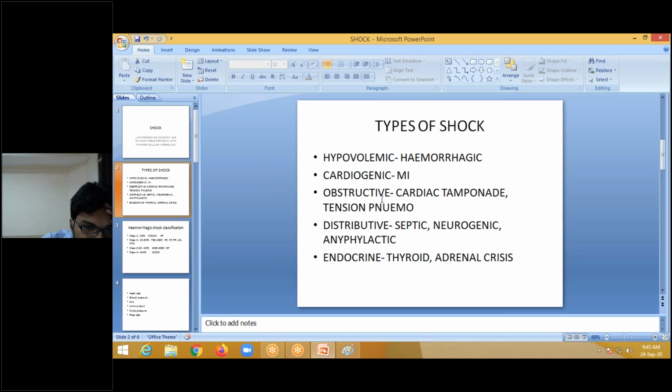And obstructive is nothing but extra-cardiac obstructive shock. It is due to obstruction to the flow in the cardiovascular circuit.